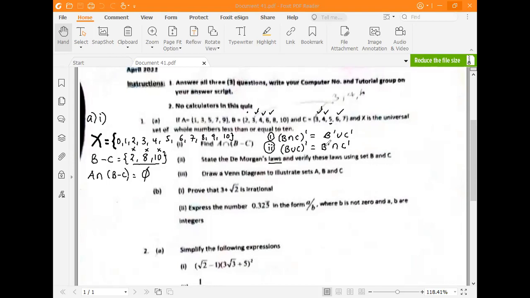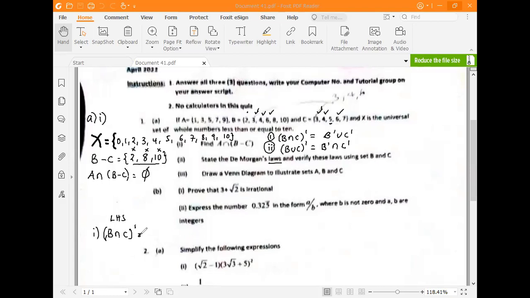Now, we must verify using the sets B and C. So let's verify the first one. We're doing it on the left-hand side: B intersection C complement. So we first want to get B intersection C. What is common in B and in C?